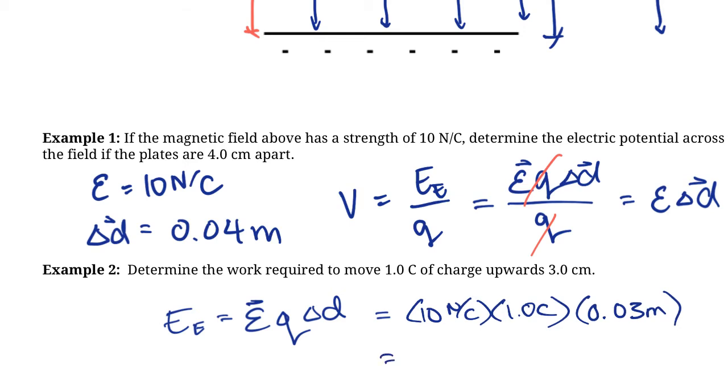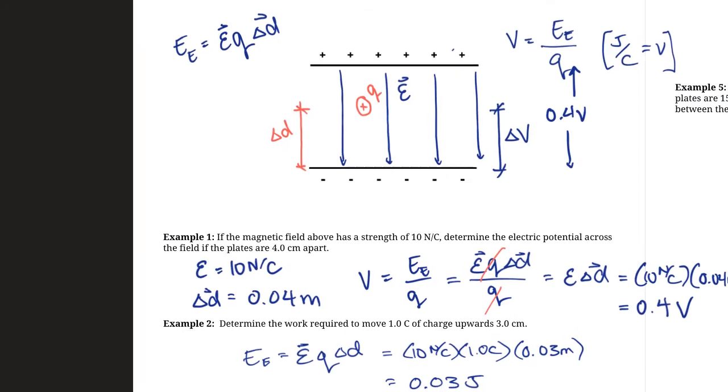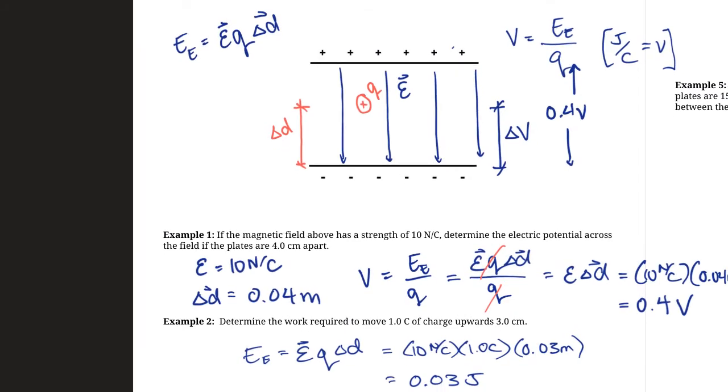If we do that calculation, 10 times 1 times 0.03, I should have been able to do that in my head, is 0.03 joules... I mean 0.3 joules. That is the amount of work that needs to be put in to move it against the field. Remember, a positive charge wants to move with the field. So by moving it upwards, we're moving it against the field. We need to apply a force, and that energy is what we calculated.